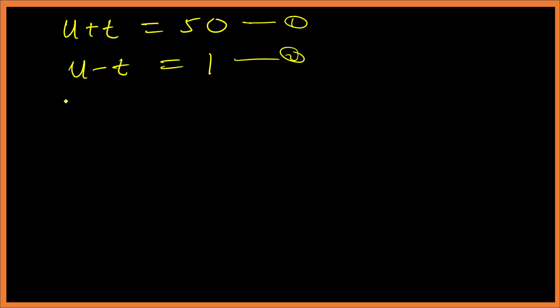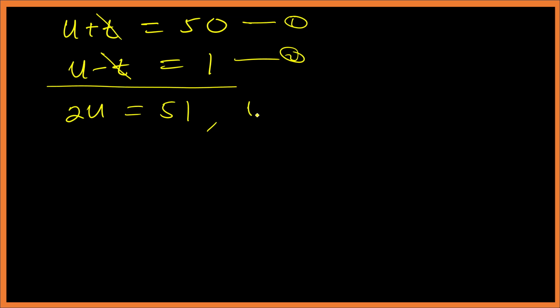Now let's add equation 1 and 2, which will make this side 2u, this one will go, equals 51. Therefore, u is 51 on 2. Knowing u as 51 on 2, we can use any of the equations to solve for t.